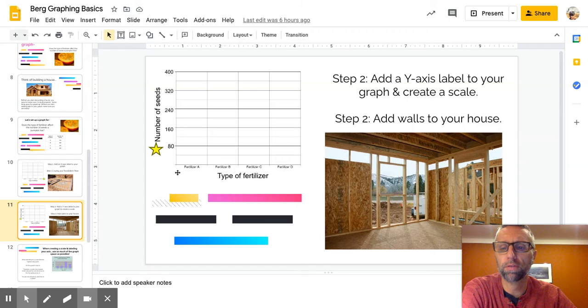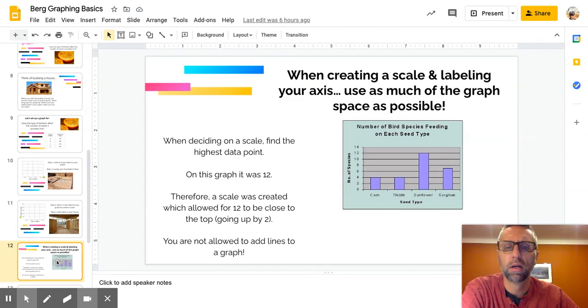All right, so we've got a floor and we've got walls. Couple things to point out. Be careful that you have enough room on your graph. You can't just change how many lines you're putting on. So in this graph that I'm looking at here, the highest data point was 12. I like how this was set up. We set up our scale to go to 14, so we're using up most of the space.